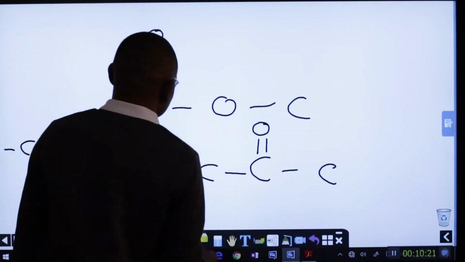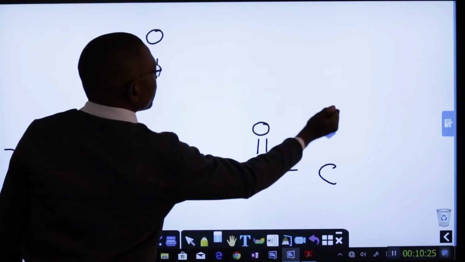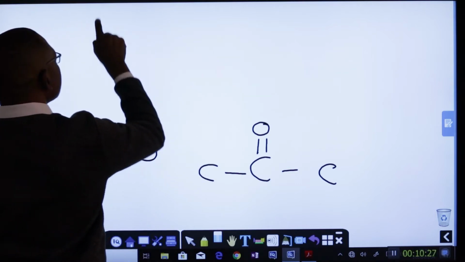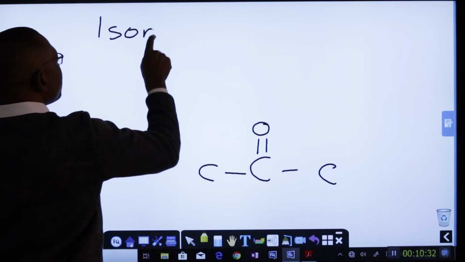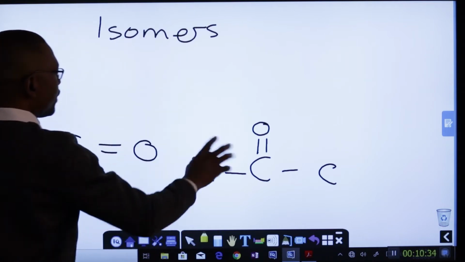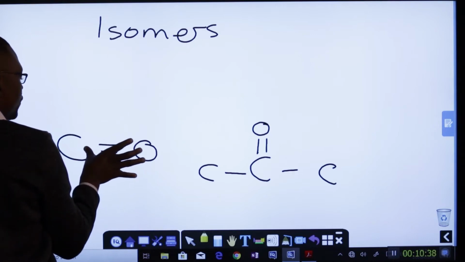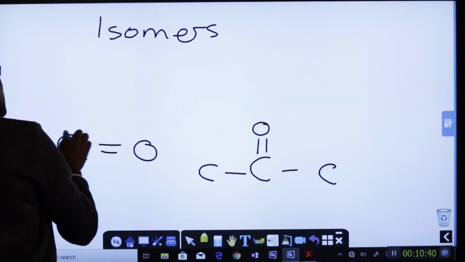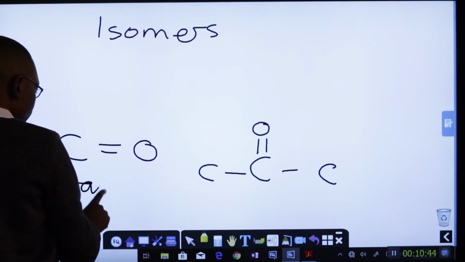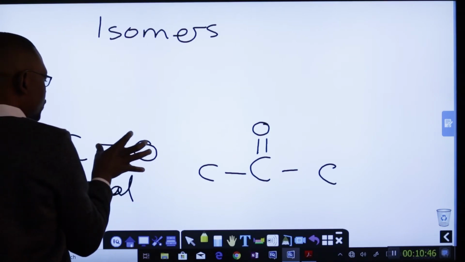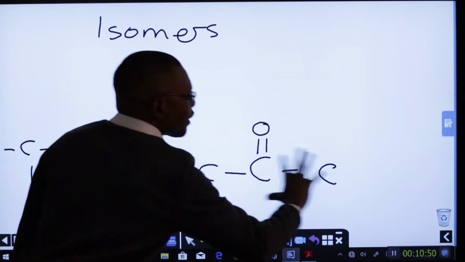So when we are talking about isomers, we are saying that you would have moved around a functional group. Where this oxygen was on the last carbon as a butanol, this oxygen has been moved to the next carbon atom to give us this.